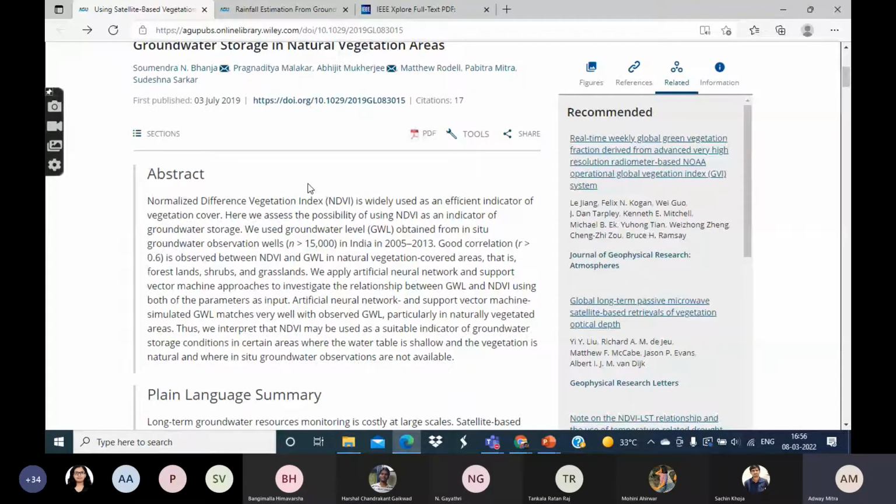Since we cannot measure vegetation directly, they are measuring it using the proxy of this NDVI. Now they are seeing if they can parameterize the relation between vegetation and groundwater using some kind of machine learning model.